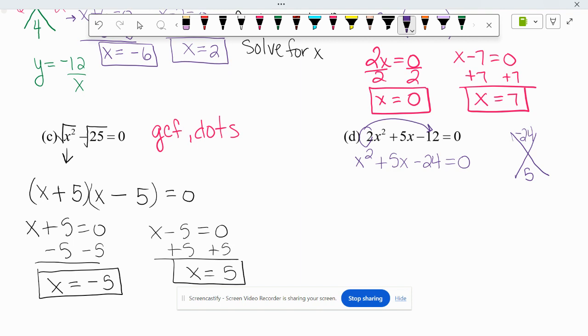Factors of 24: 2 and 12, 4 and 6, 3 and 8. So if I use 3 and 8, which one has to be negative? The 3. X minus 3 times x plus 8 equals 0.